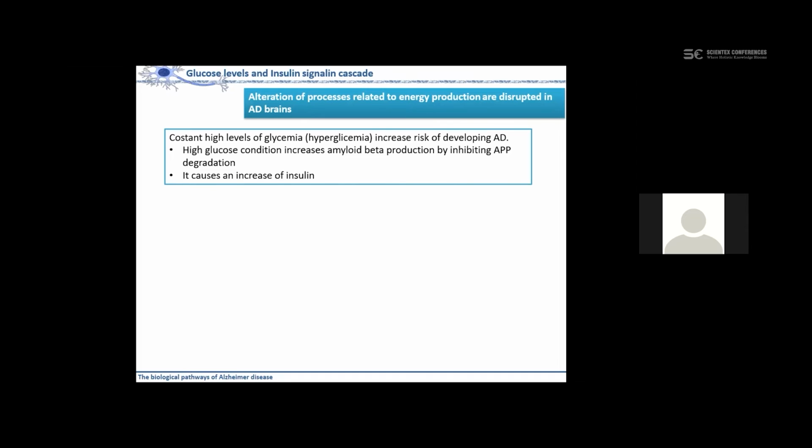Constant high level of glycemia increases risk of developing AD. High glucose condition increases amyloid beta production by inhibiting APP degradation, and it causes an increase of insulin. In particular, insulin-related cascade has been the focus of numerous studies on AD.